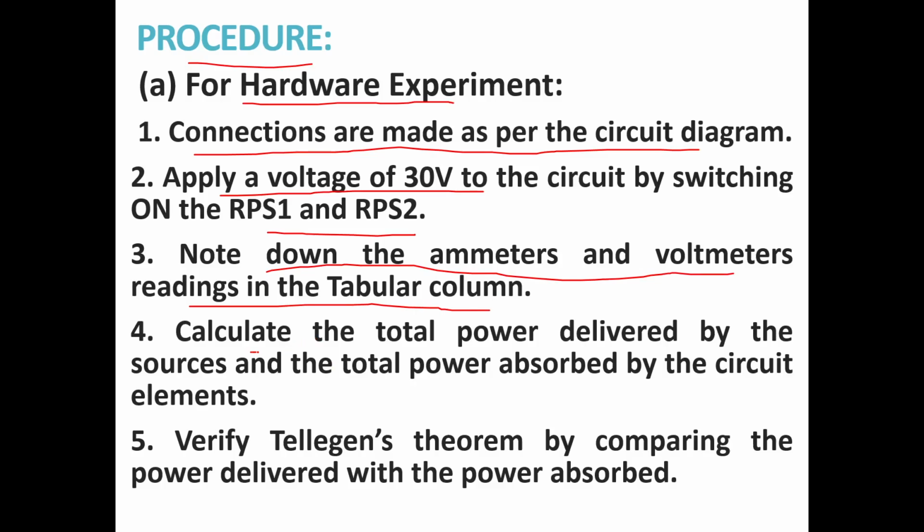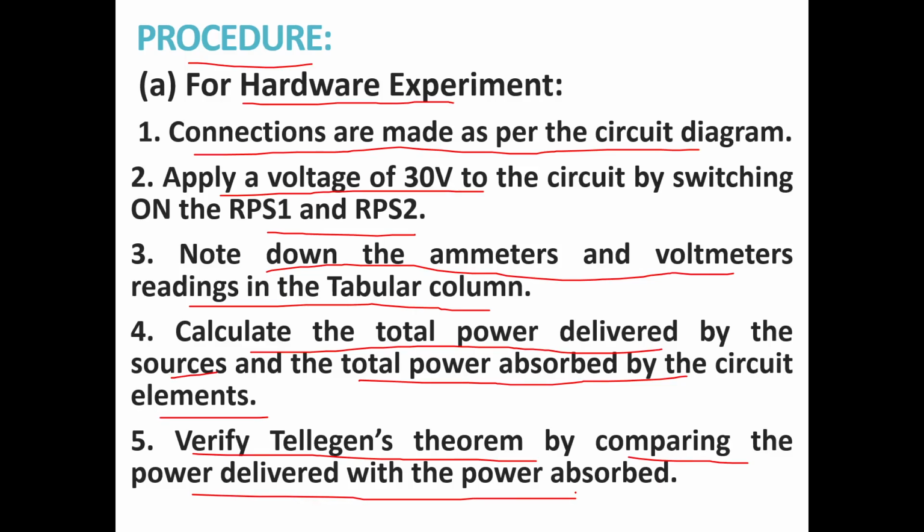After that we calculate the total power delivered by the sources and the total power absorbed by the passive elements. Later we verify Tellegen's theorem by comparing the power delivered by the sources with the power absorbed by the passive elements.